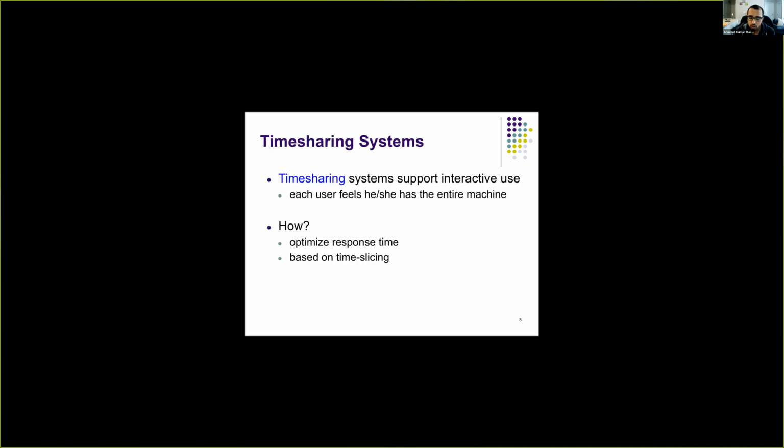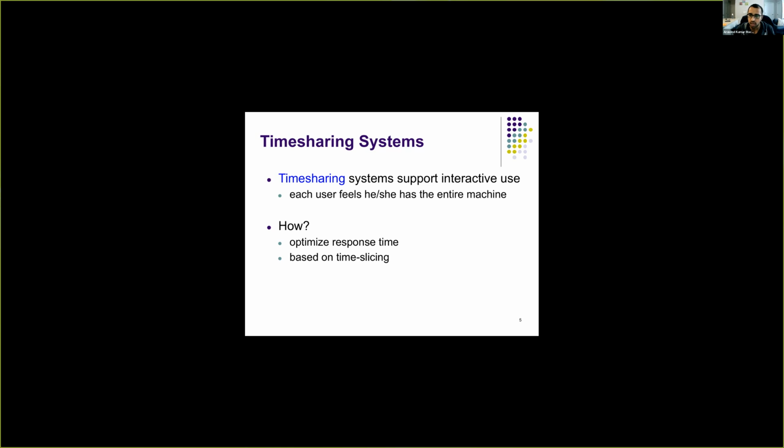And however, we know from our first lecture that most of the operating systems that we use now are time sharing systems, which support interactive use, in which the user of the operating system gets a feeling that the user has the control of the entire machine. So the way a time sharing operating system works is by optimizing the response time.